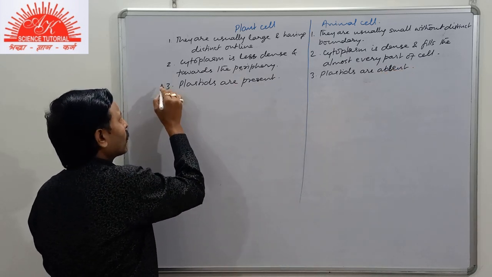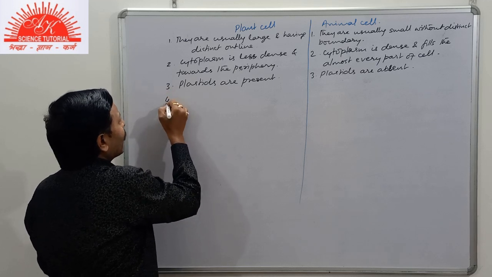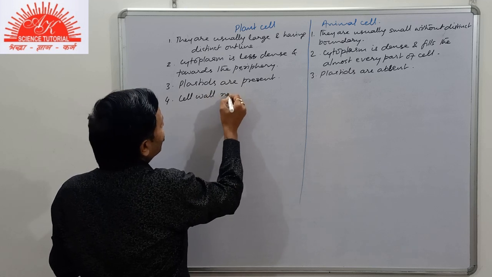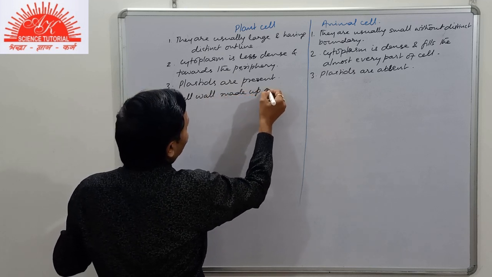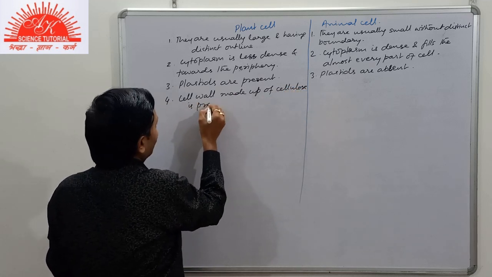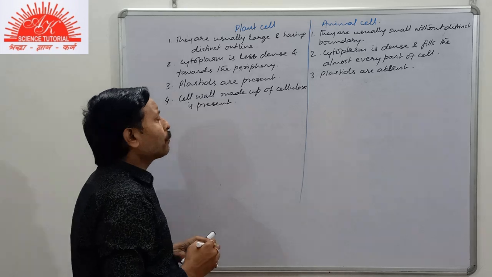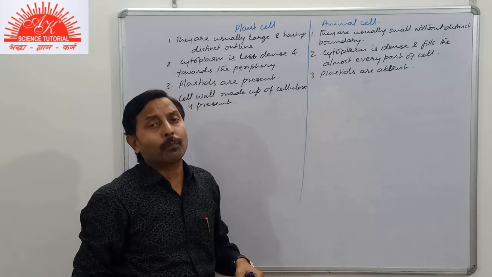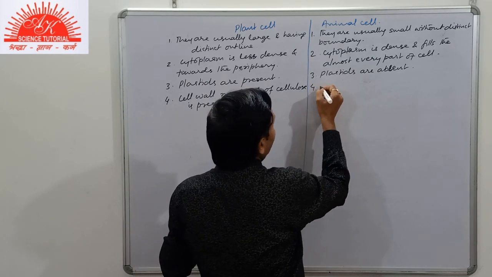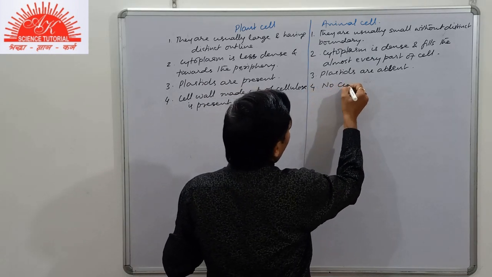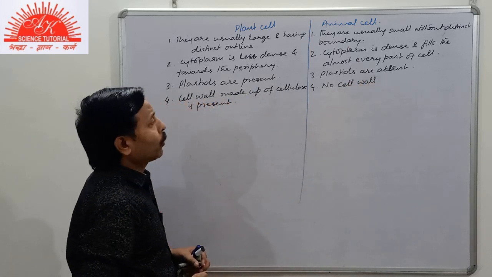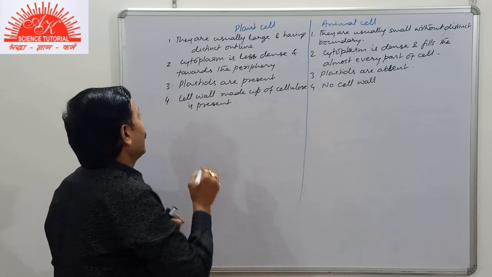Next, one more thing, here cell wall made up of cellulose is present. Cell wall is a protective layer around the cell membrane or plasma membrane in plant cell. In animal cell, there is no external protective layer around the plasma membrane.